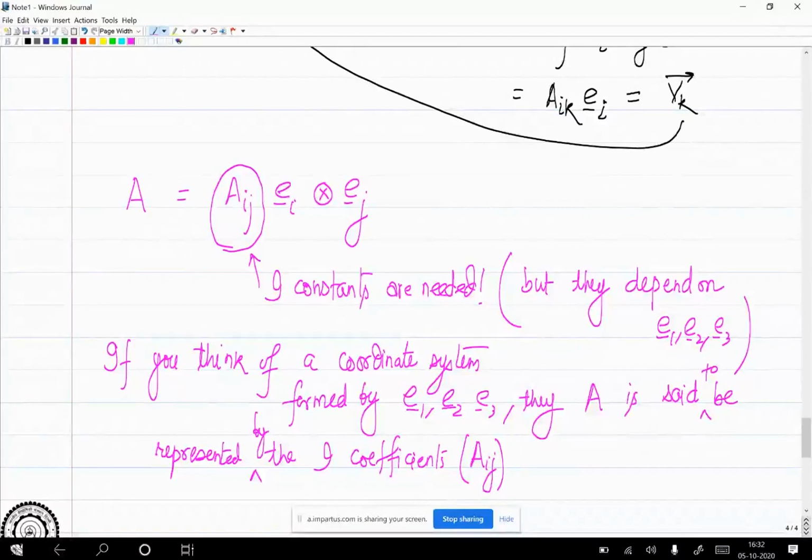So you can also say that it is represented by the 9 coefficients or by a matrix. These second order tensors are therefore denoted by a matrix because you require 2 indices.